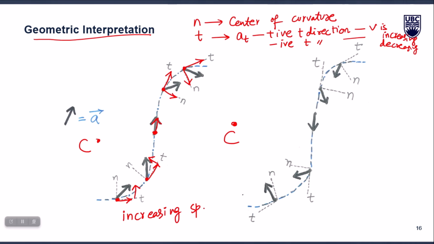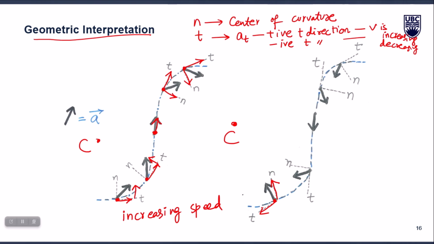And on the right hand side, if you look, again the black arrows are showing the acceleration vector at different points. Let's now write the directions of the n and t components of that acceleration. So at this point I can take a tangent, this will be my t component of acceleration and this will be my n component of acceleration. Now n is again towards the center of curvature, but t is now in the negative t direction.